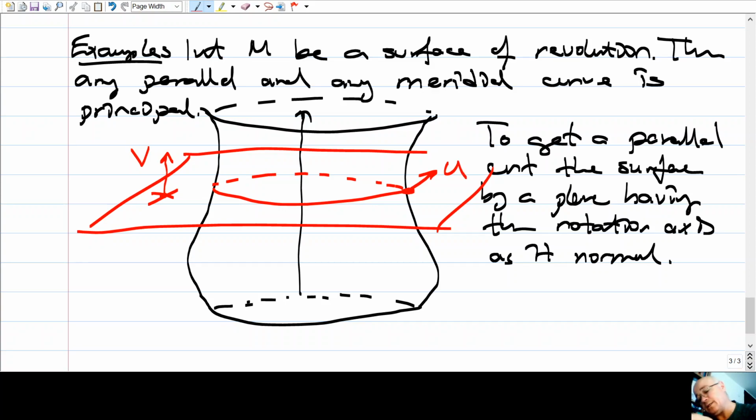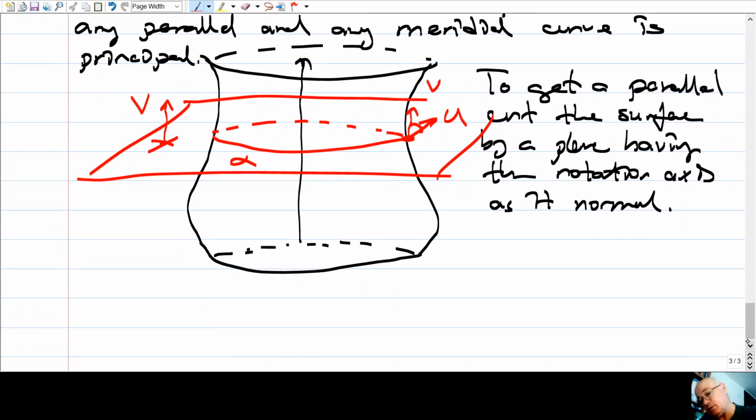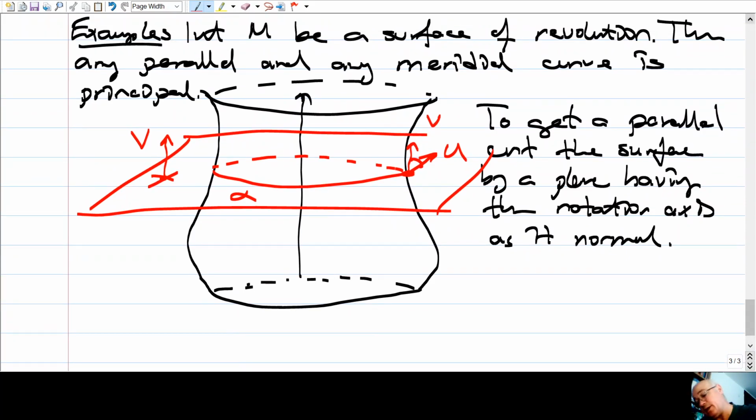You just take this and rotate here. The vector v is like this, and this angle will be constant along alpha. So alpha is a parallel curve, and it is a principal curve in this case.